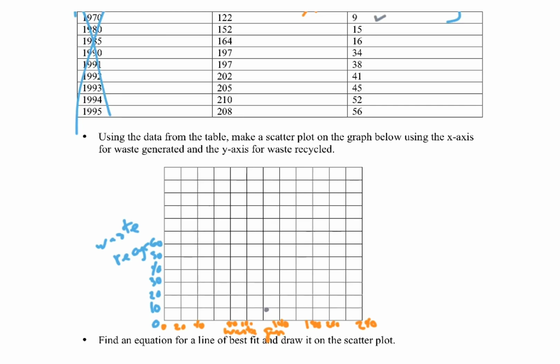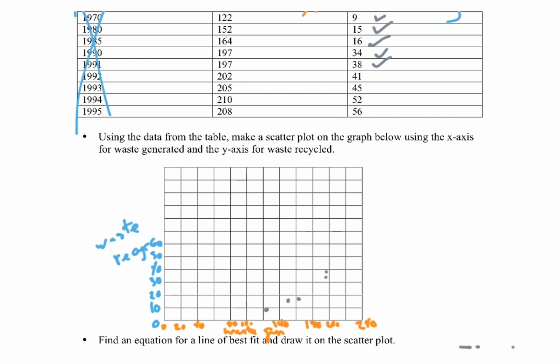Then 152 and 15. 152 and 15 about right there. 164 and 16 about right there. 197 and 34 and 38. So 197 almost at 200. 34 and 38 about right there.